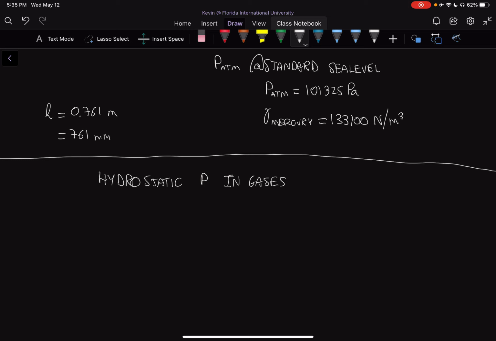So if you have large pressure differences in gases, you get a change in density. And that means that density is variable, okay? So if we go to our ideal gas equation, we know that P is equal to rho times RT. That's our ideal gas equation.